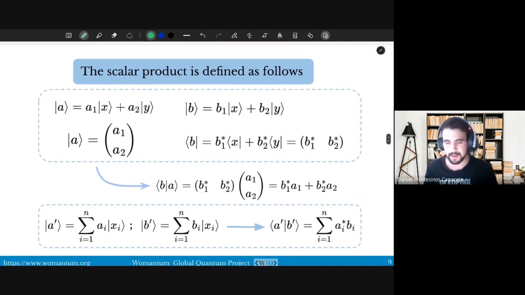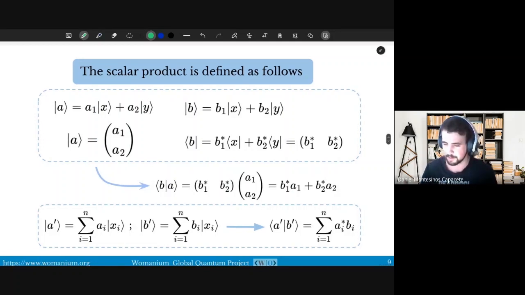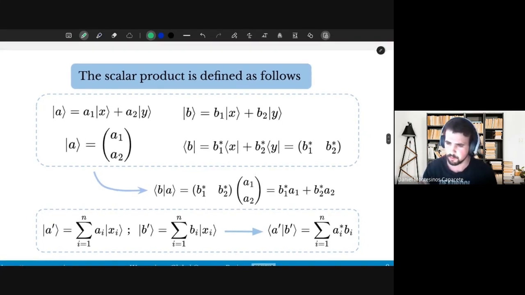But we will mainly use this form, and this is going to be quite similar to the scalar product we are used to in the toy example we discussed the other day, just multiplying the coordinates, right? Like x1 times x2 plus y1 times y2. So let's try to understand this.